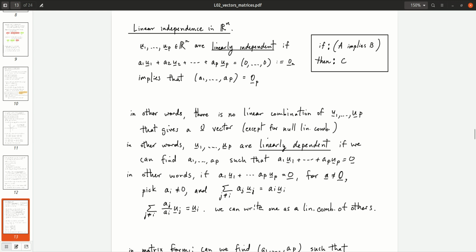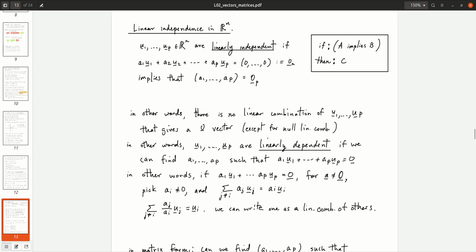Let's see, this should really be minus ai ui, but the example still holds with a plus there. So basically we're taking this equation and moving the ai over to the other side. And really this is a typo, this should be minus ai.